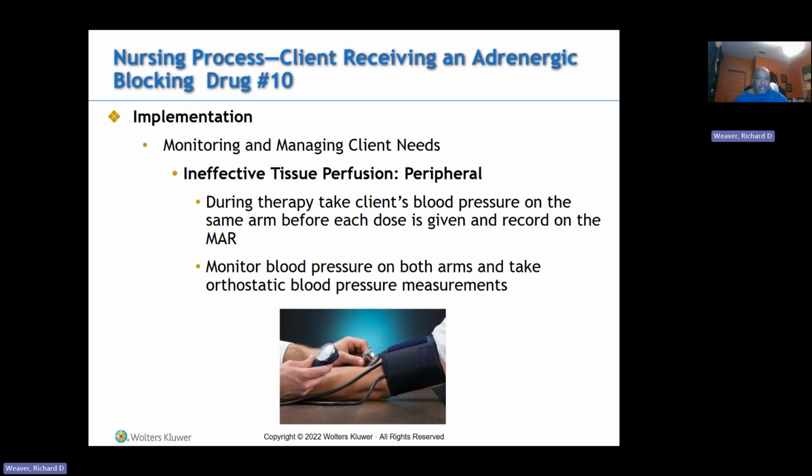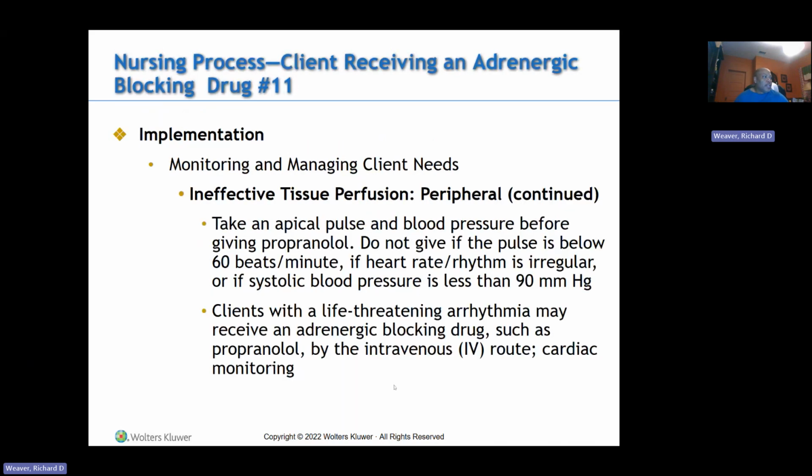So just take a look at some of the other information I wrote here. Take the apical pulse and blood pressure before giving propranolol, I think that's the Inderal. In other words, you're not taking a radial pulse. You have to get your stethoscope and place it on the apical part of the heart and listen to the heart rate for a full minute.